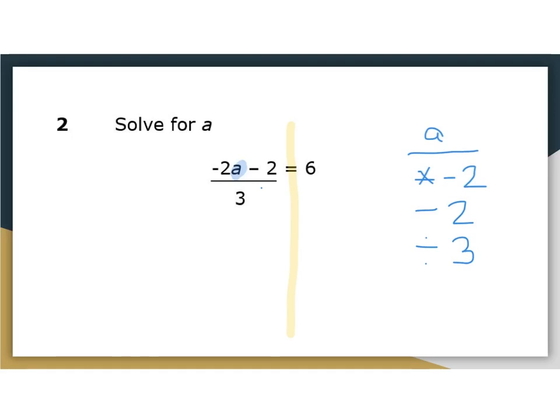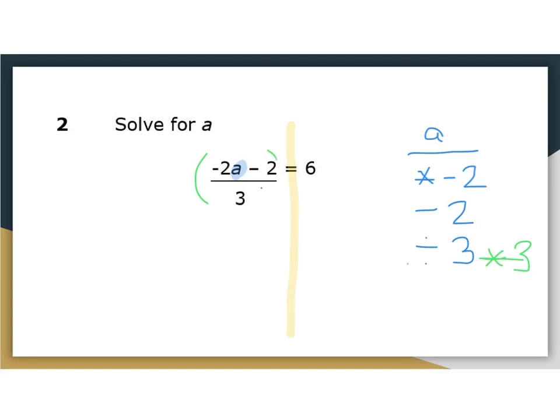Now to actually solve, we're going to start from the bottom, working our way back up to get the A by itself, and we're going to do that using inverse operations. So the first thing that we're going to do is eliminate that 3. So instead of dividing by 3, the inverse is going to be to multiply by 3. And that's going to cancel the 3 out.